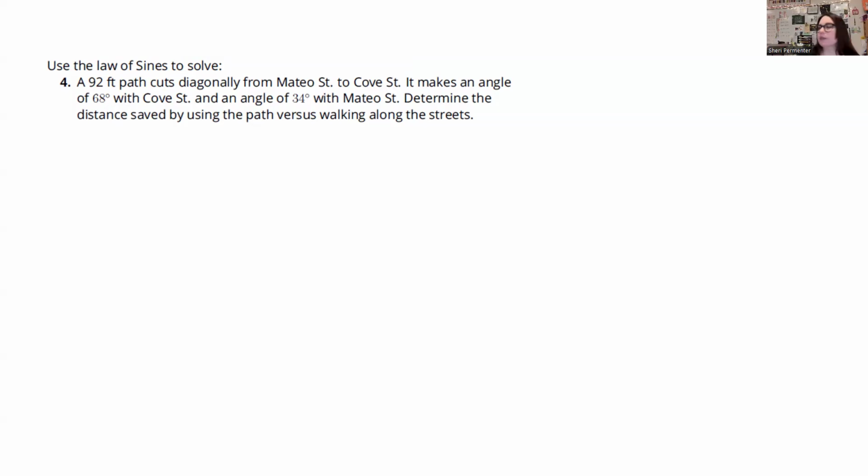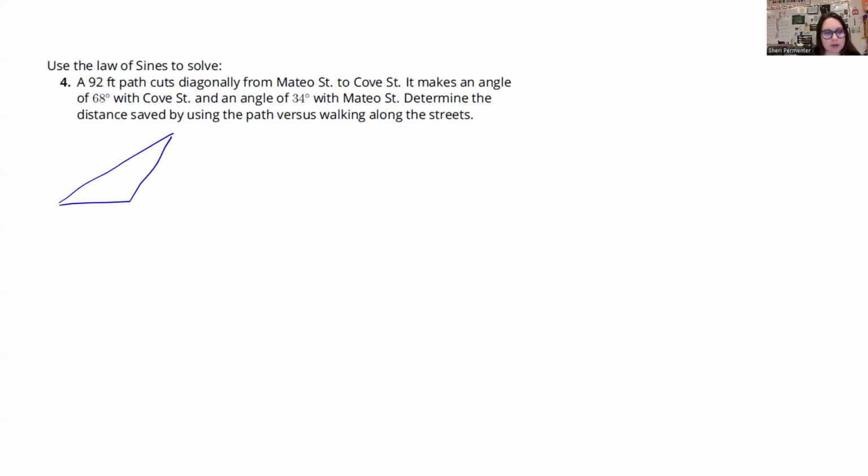When we create these problems, you're going to draw a picture every time. What shape are we going to create? A triangle. We're going to create a triangle every time. For this problem, we've got Mateo Street and Cove Street, but we've got this path that is a shortcut.